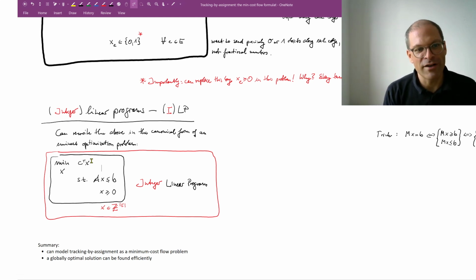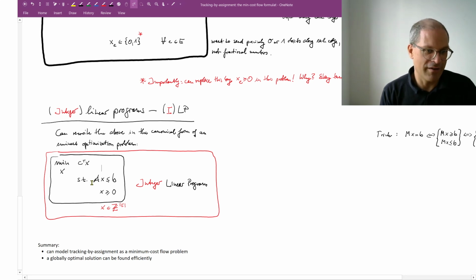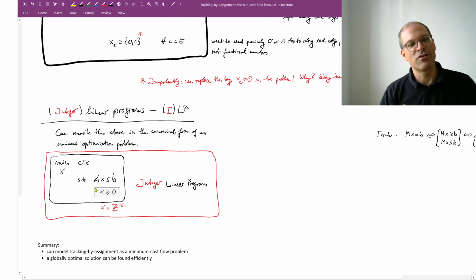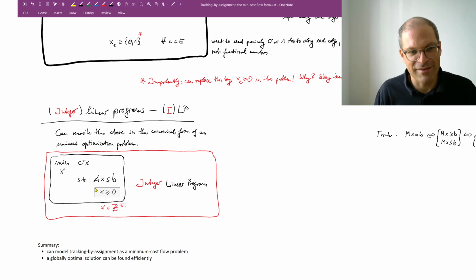But to make it more interesting, we have these constraints, which are also linear, hence linear program. So A is a matrix times vector x should be no more than vector b, and x should be non-negative. Again, this is a matter of convention, because in principle you could integrate this constraint into the constraint above, but this is the standard form.